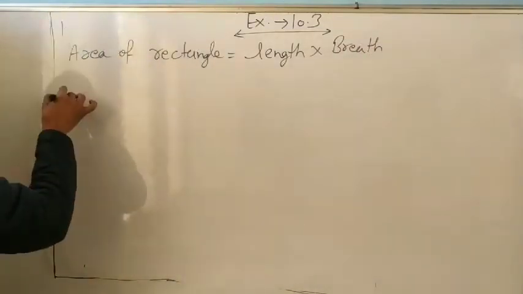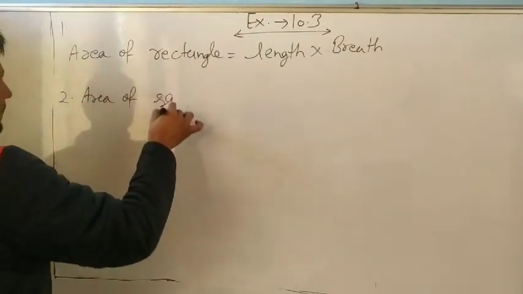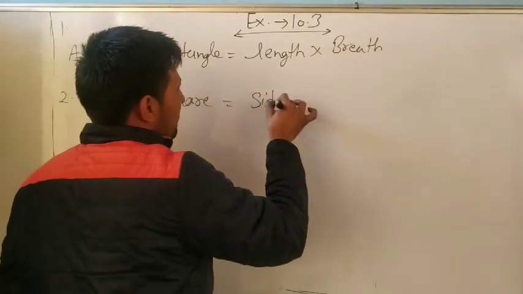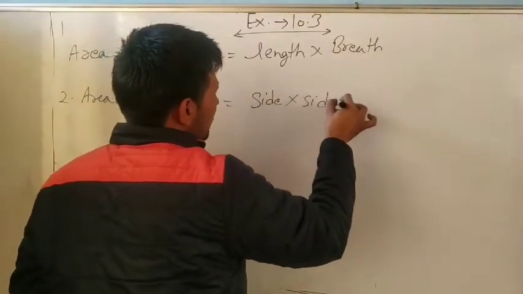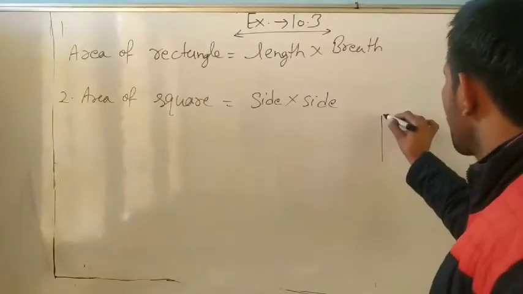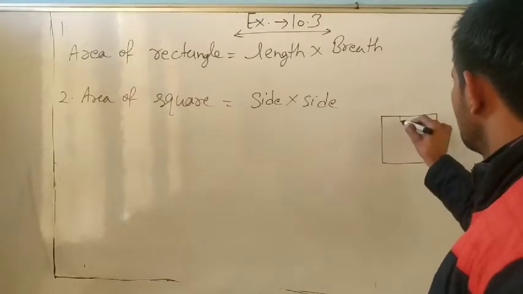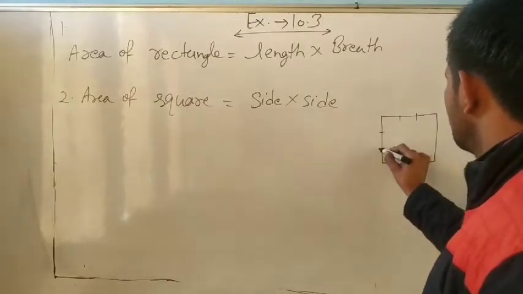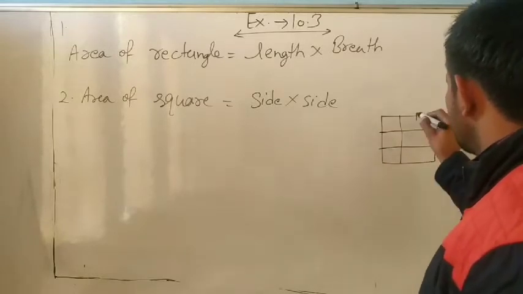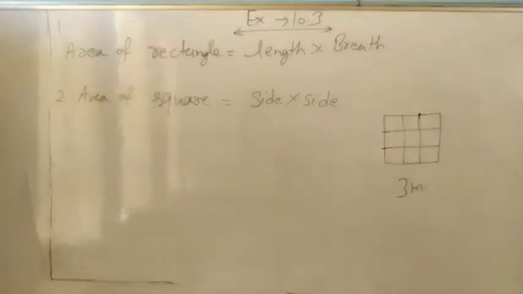Next, same as it is: area of square. How will you find? Side multiply side. You can find it like this. Look at one more example. Suppose its side is 3 meter.